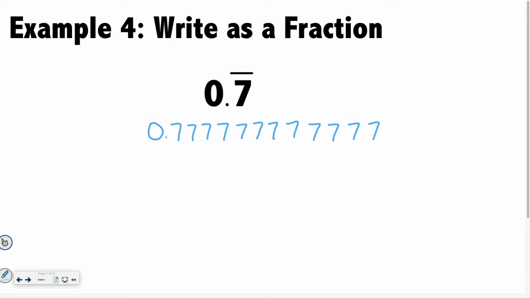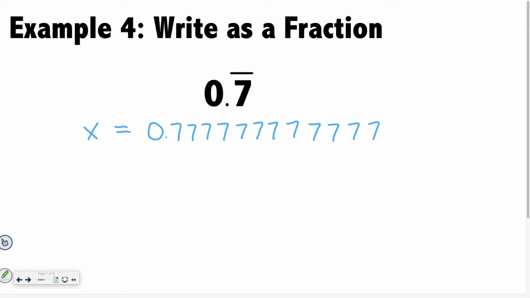So instead of putting that many sevens over that many zeros with a 1 in front of it, there is a trick to it. So what you're going to do is you're going to say x equals, okay? So you start by saying x equals whatever your repeating decimal is.